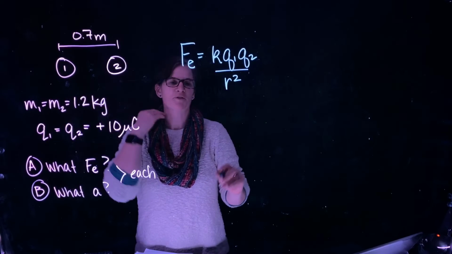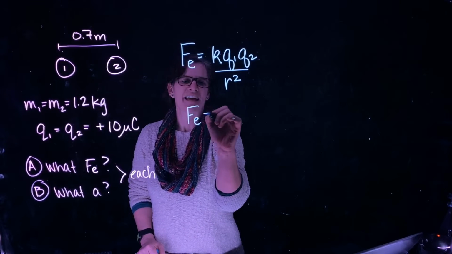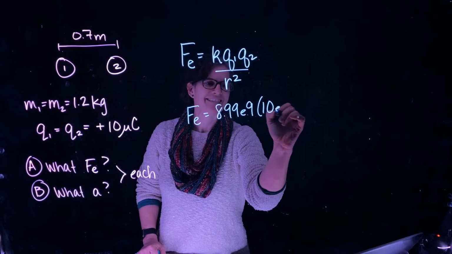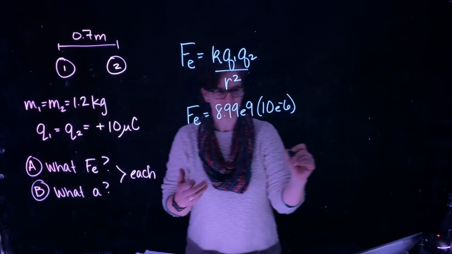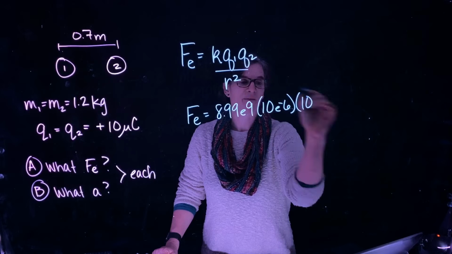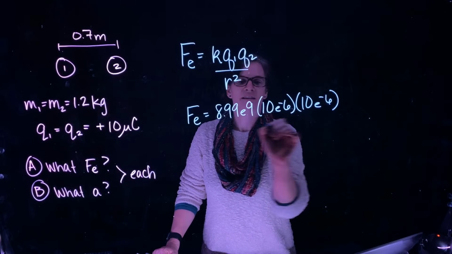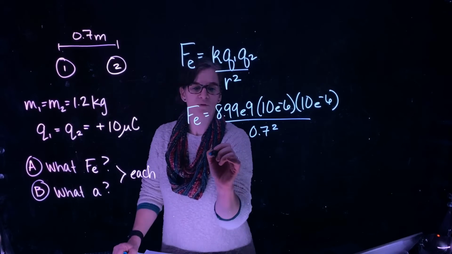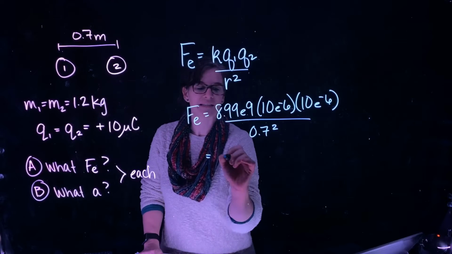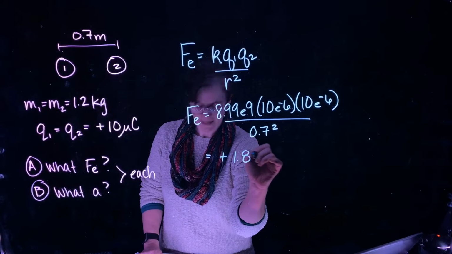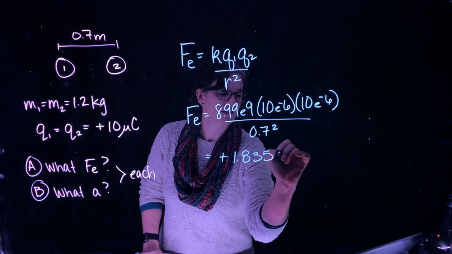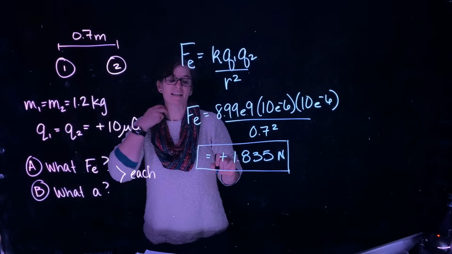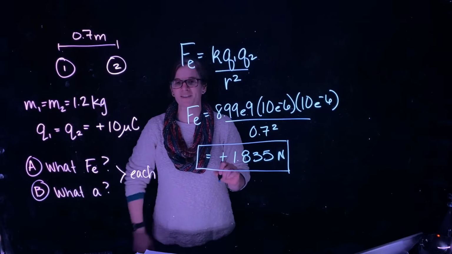So if I'm interested in that electric force, I have 8.99 times 10 to the 9th times 10 times 10 to the minus 6, 10 microcoulombs, times another 10 microcoulombs, all divided by 0.7 squared. So using Coulomb's law, I find that this force is a positive 1.835 newtons. So the electric force on both particles is a positive 1.835 newtons.